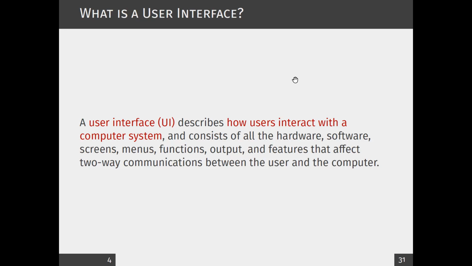And this basically affects the two-way communication between the computer and the user. So the interface is the place where they interact, the place where you provide the communication. That's why it's called the user interface.